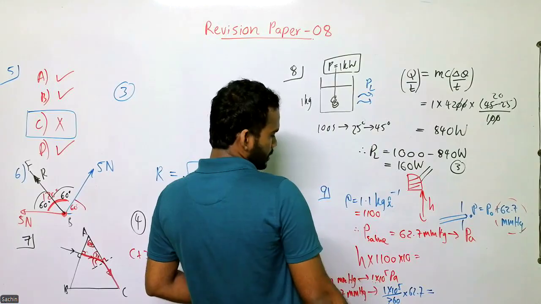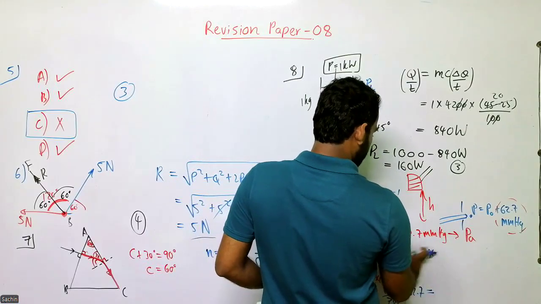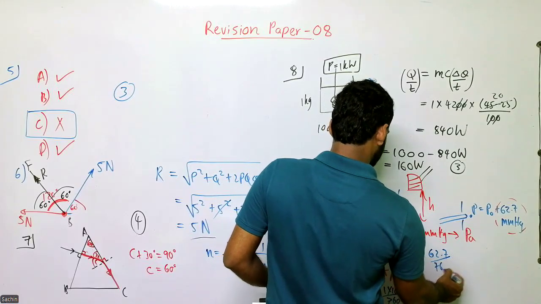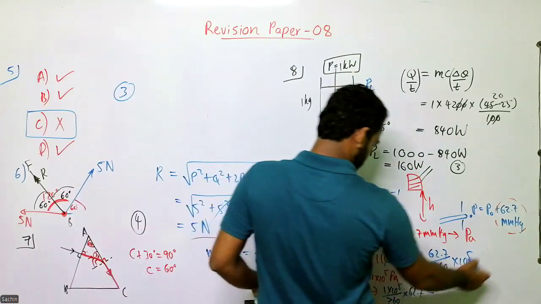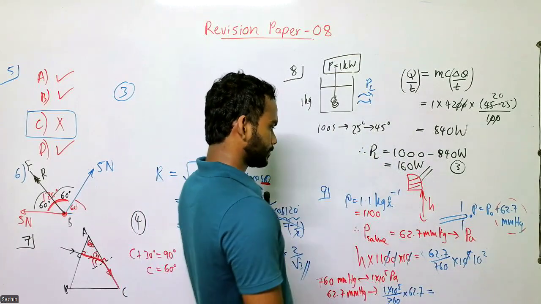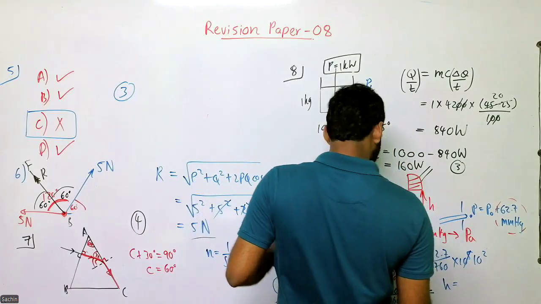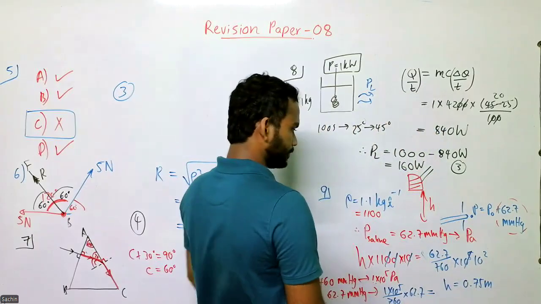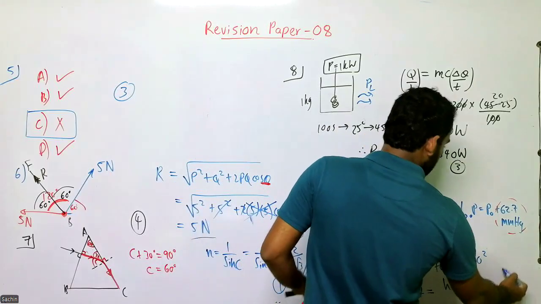So it is 62.7 divided by 760 times 10 to the power 5. Now you can solve this, and there will be 10 to the power 2 remaining. When you solve this, the value for h should come as 0.75 meter. Clear? That is given in the fourth answer.